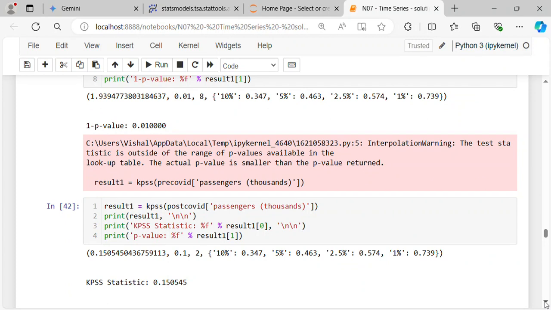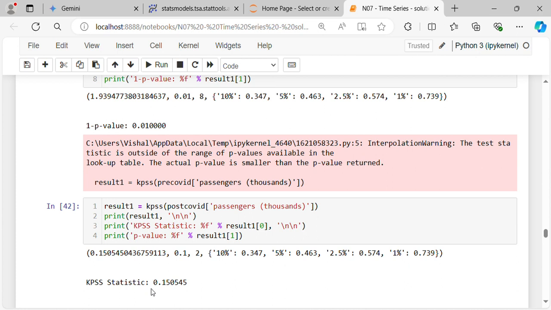And what does the kpss tell us for the post-COVID? Let result 1 equal kpss of post-COVID passengers in thousands column. Print result 1. So the result 1 is here, and print kpss statistics colon percentage F, and in place of percentage F we have result 1, and the array position is 0.